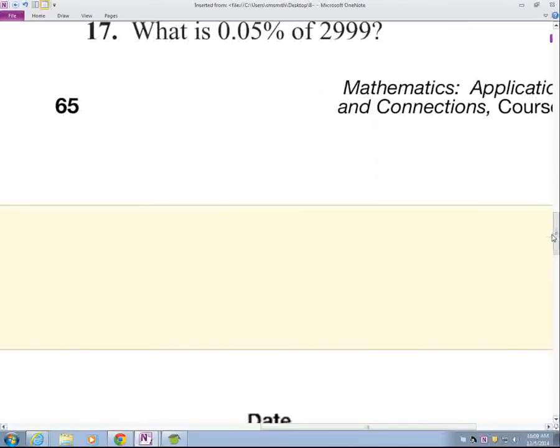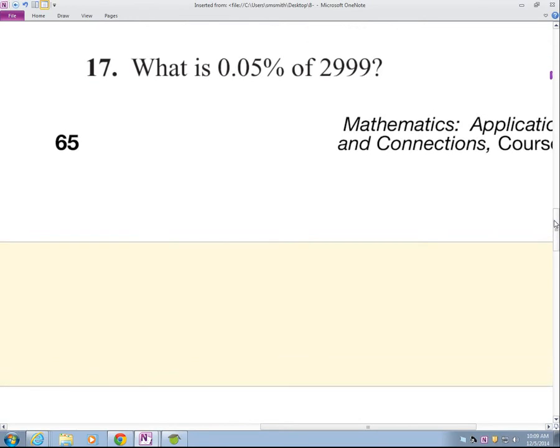No, 17's worse. Now, okay, we have a percentage. Right away, we have a percentage. So what I'm going to do is have my 100, and then it goes 0.05. Then where does 2,999 go? Where does that go, Taylor? Oops, sorry. Okay, on the bottom, Brooke, why? Good, of 2,999.